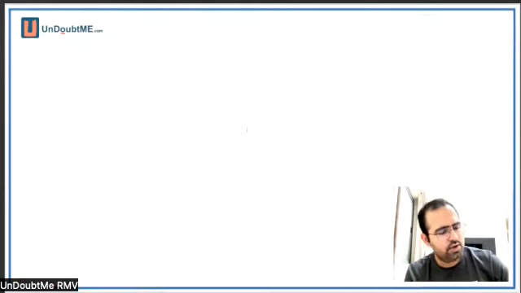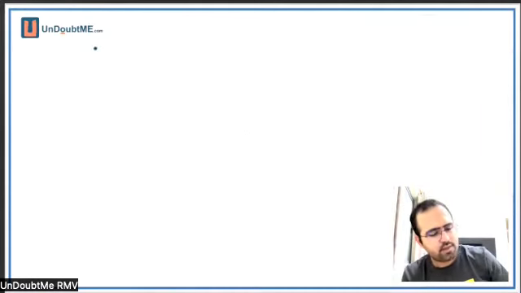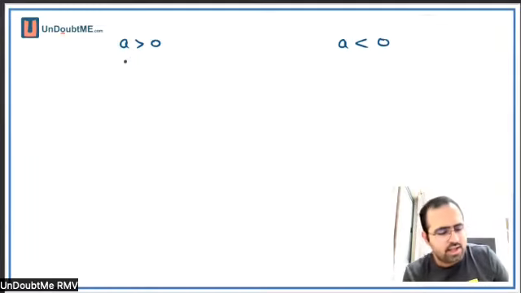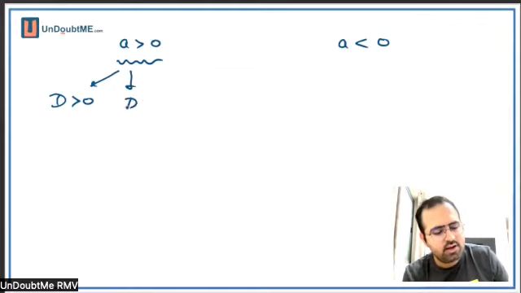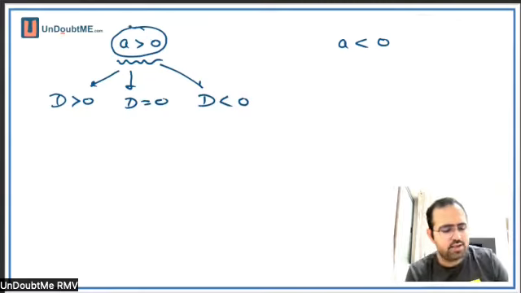So if we sum up all the conditions, I have categorized quadratics into whether a is greater than 0 or a is less than 0. In a greater than 0, I have the conditions d greater than 0, d equal to 0, and d negative. There will be a type of quadratic in which all three types of discriminant can exist.